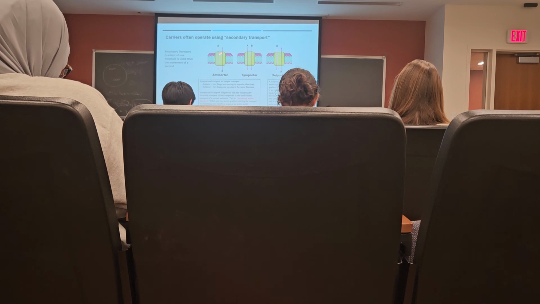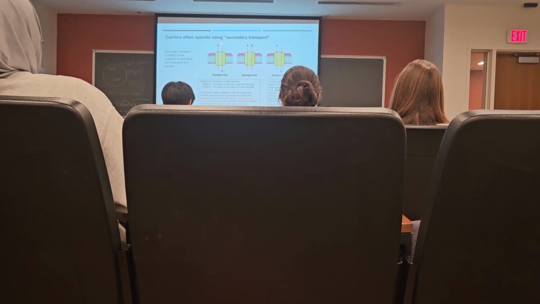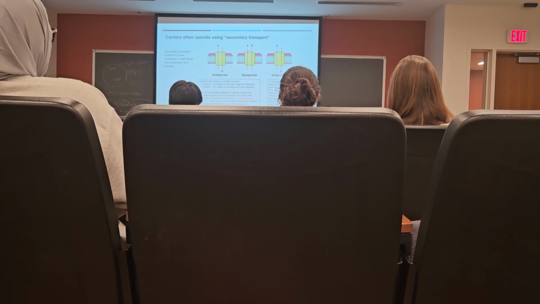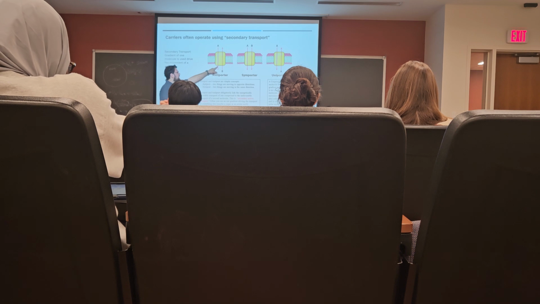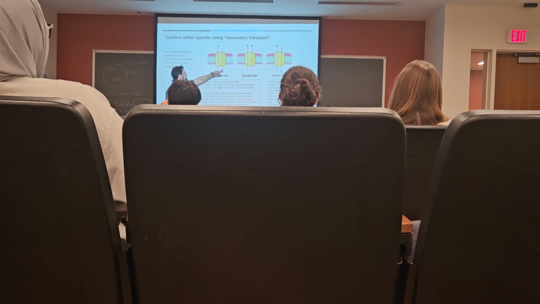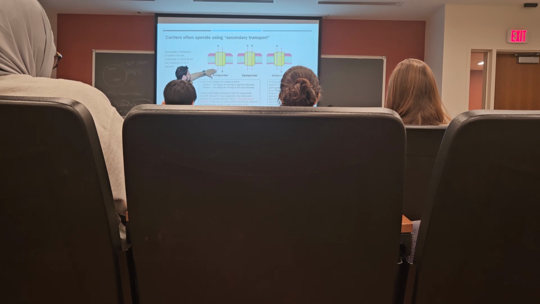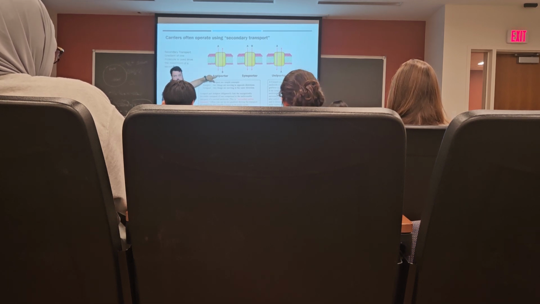So let's imagine the case here of what we call an antiporter. Here we're moving two molecules in opposite physical directions. But really what we're doing is we're using the energy of A to move B. So let's imagine that A has a high concentration here and a low concentration here. Well, A wants to move in this direction.